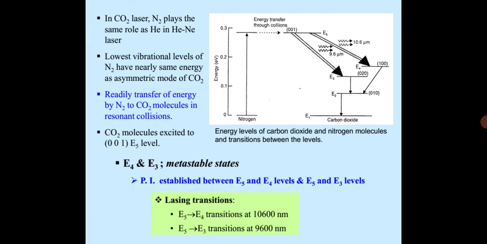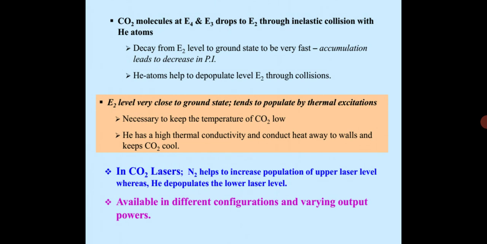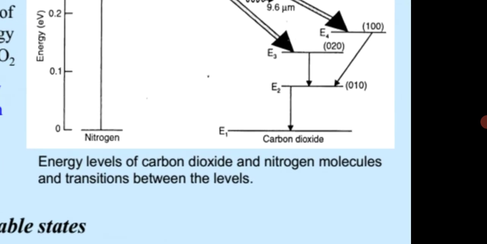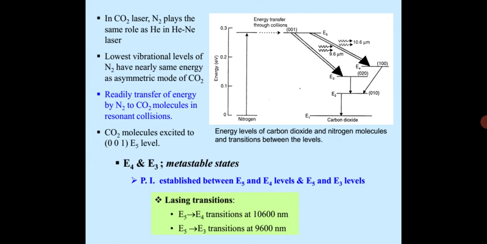So the E5 to E4 transition is at 10,600 nanometer and the E5 to E3 transition at 9,600 nanometer. CO2 molecules at E4 and E3 drop to E2 through inelastic collision. After lasing action, they drop their energy to the E2 level, and from this E2 level they are transferred to the ground state by inelastic collision.